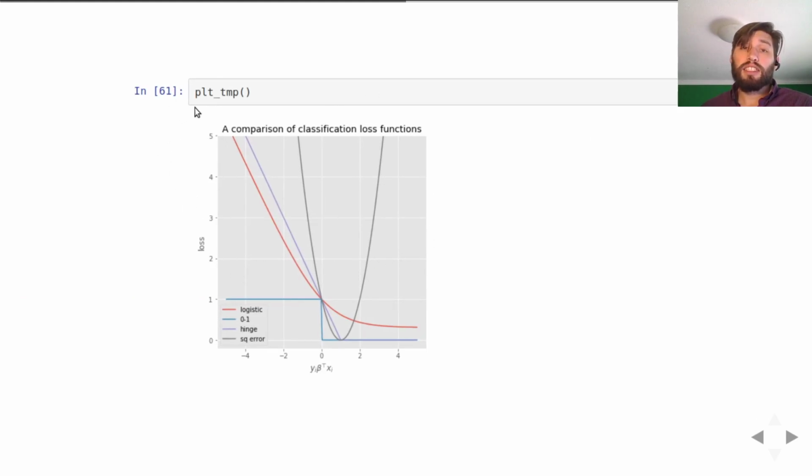So this is a comparison if we include that square error loss here. We see it has this nice property that it blows up in these incorrectly classified points. It gets small, but then it gets large again, which is why we don't like square error loss for classification.